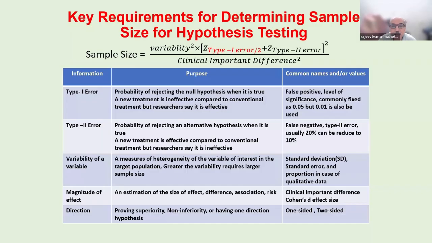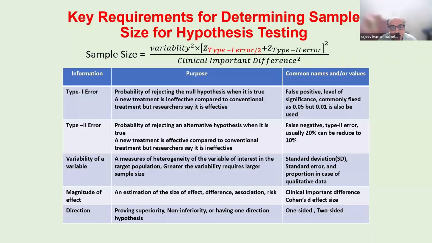In that case, this is called type 1 error. How do we find out it is ineffective in the population? That is guesswork; we cannot find out. But the new treatment is ineffective compared to the conventional treatment, yet researchers say it is effective. That is called type 1 error.